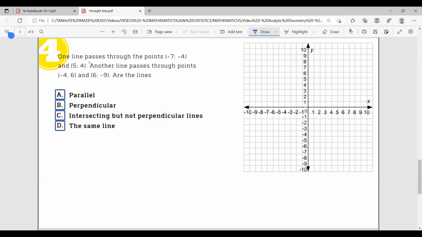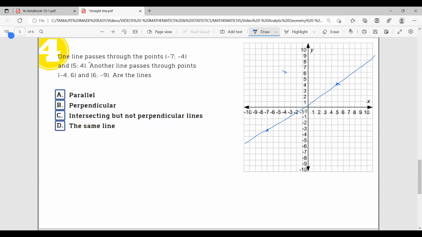So we've got (-7, -4). So this is my first point. And then we have (5, 4). And this is the next point. And I will try and draw a line that goes through these two points. And then another line passes through points (-4, 6) and (6, -9).